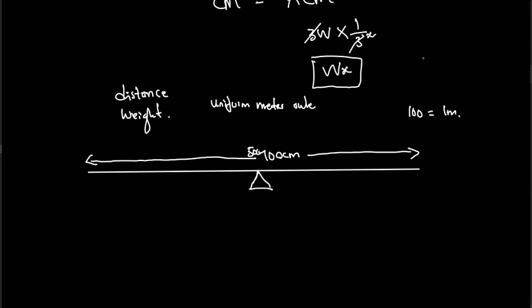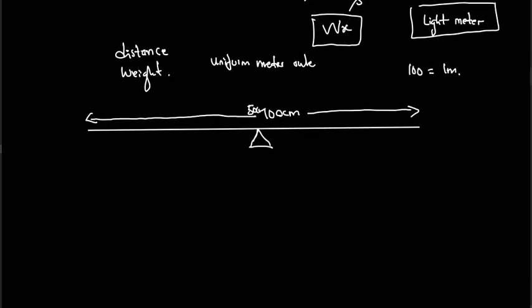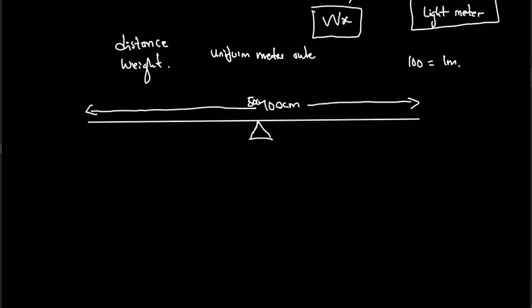And then if you see the term light meter rule, it means the meter rule is massless. The meter rule has no weight. So we can ignore the weight of the meter rule. That's what that means. So now that we know that the meter rule is 100 cm long, I want to make some calibrations.